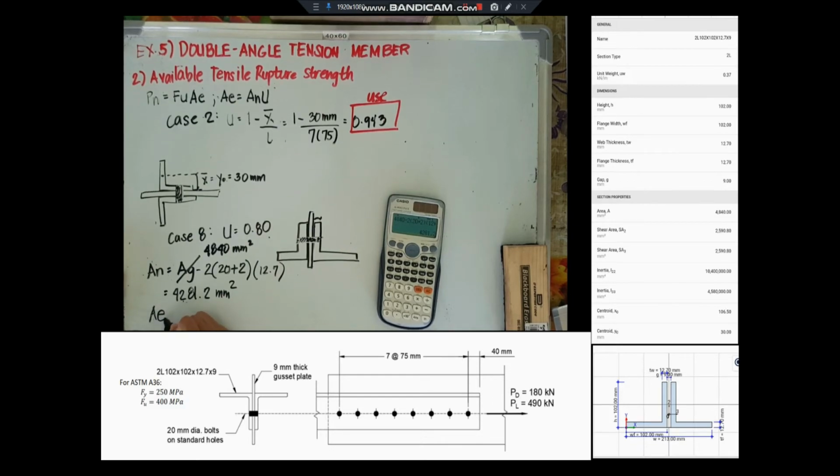Now we are able to determine the effective net area. We just multiply it by the shear lag factor, which is 0.943. Our effective net area is equal to 4,037.17 square millimeter.